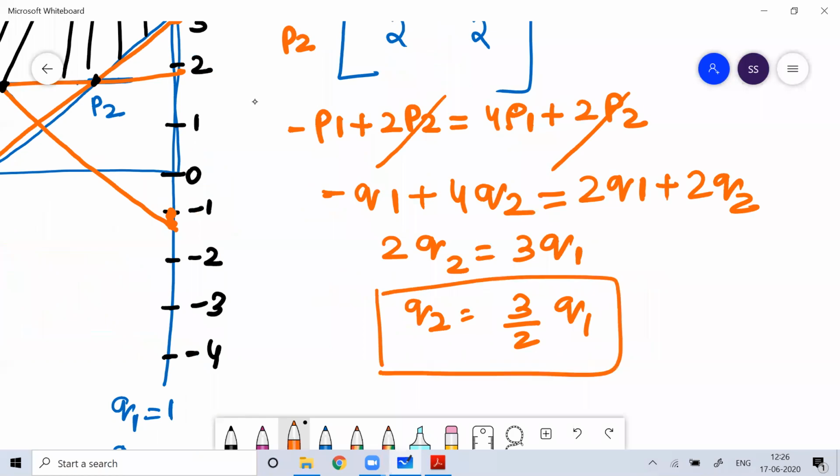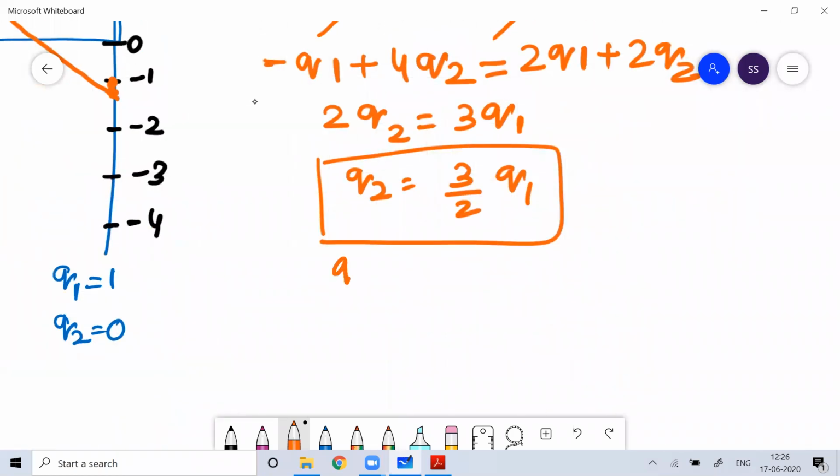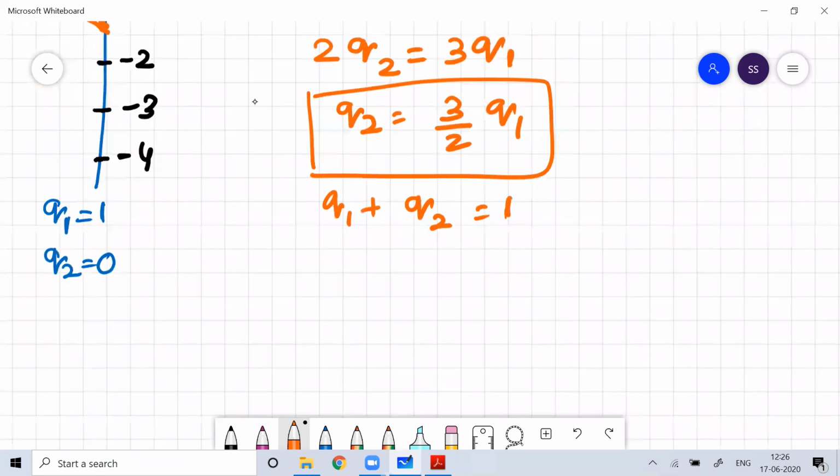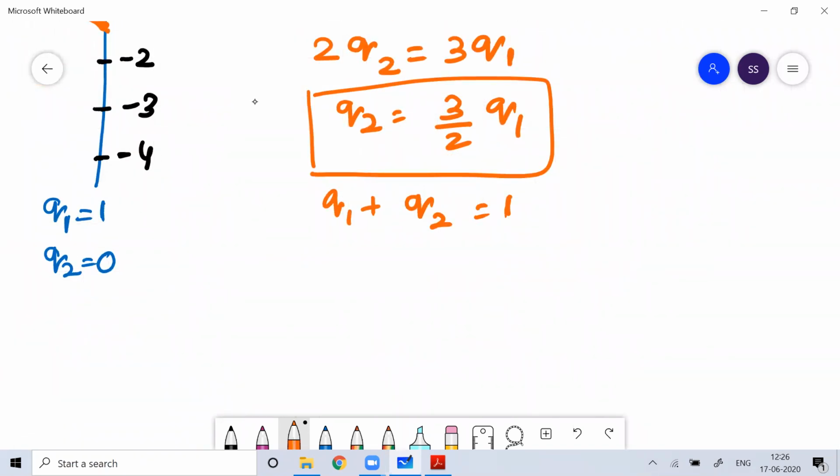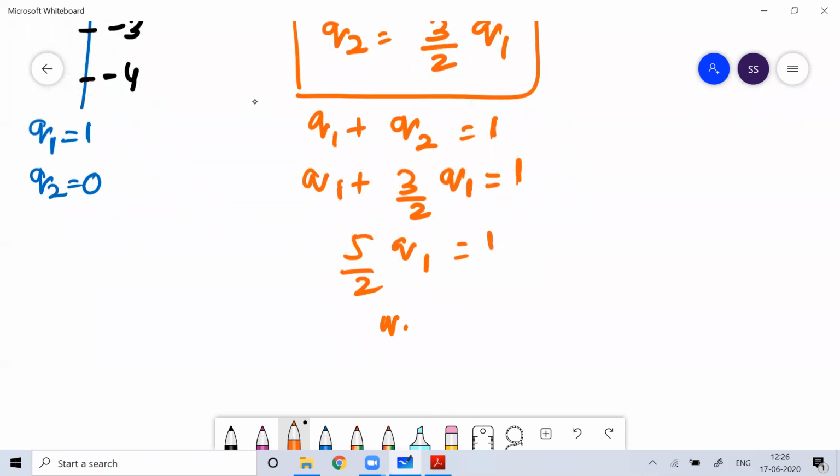Since Q1 plus Q2 is equal to 1, Q1 plus 3 by 2 Q1 is equal to 1. So 5 by 2 Q1 is equal to 1, so Q1 is equal to 2 by 5.